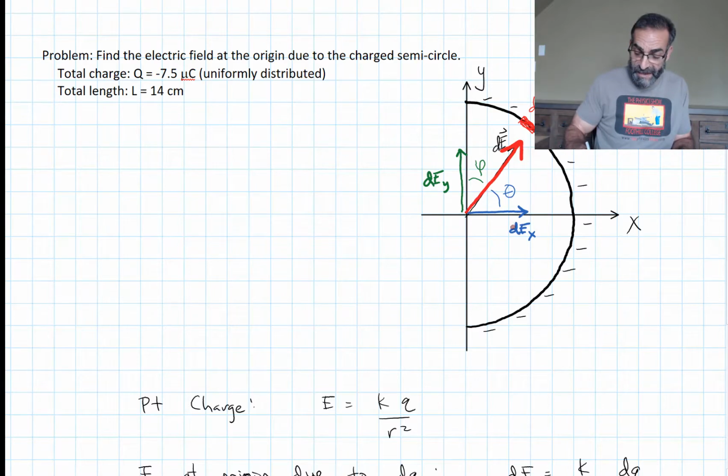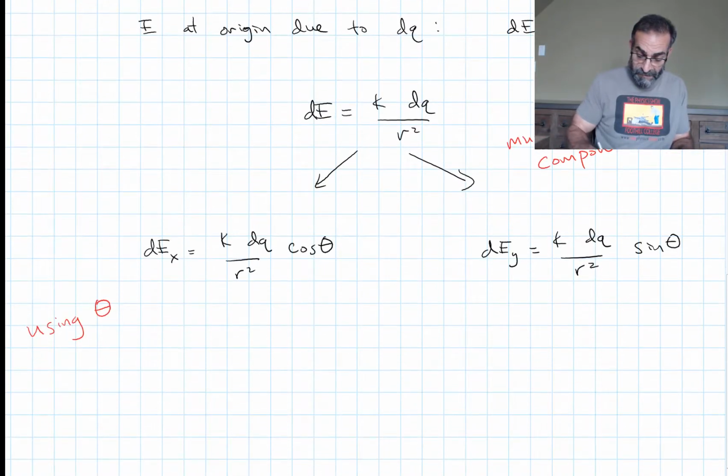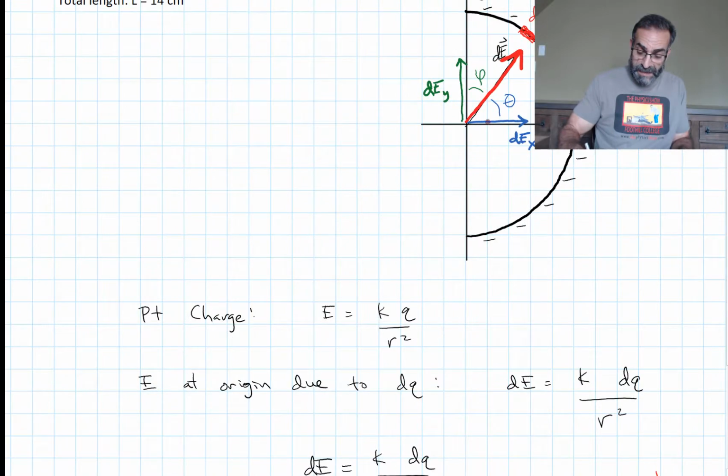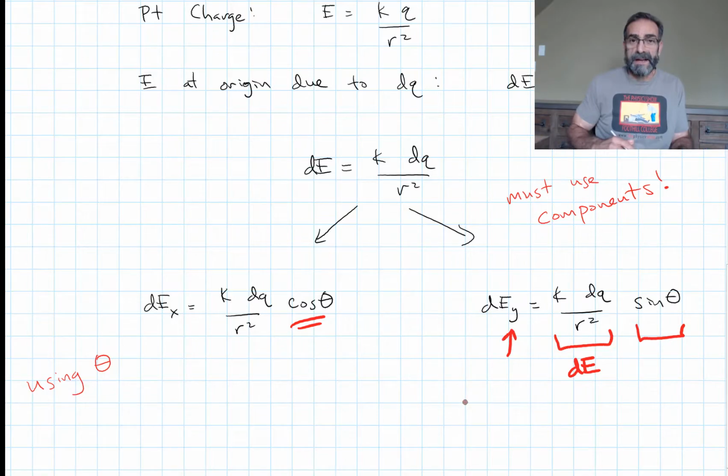For the x component we use cosine of theta, and for the y component we use the hypotenuse times the sine of theta. So here's our dE, and here's our sine theta, and that gives us our y component.